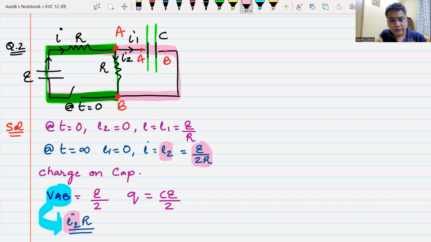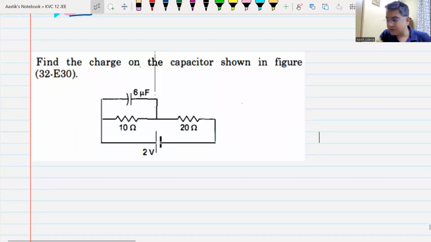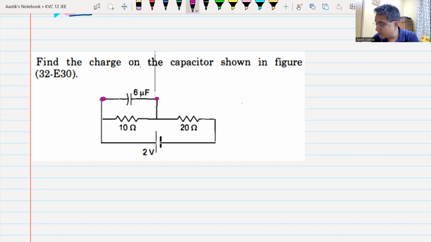Clear, sir. Understood. Okay, this is the last question taken from your book. Find the charge on the capacitor. When any question comes on charge on the capacitor, you have to always find the steady state charge. To find the steady state charge, you have to find the potential difference between these 2 points.